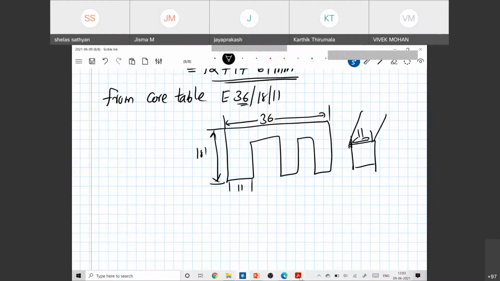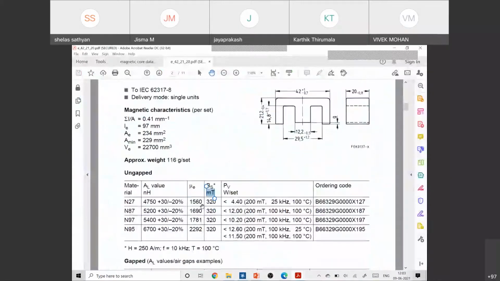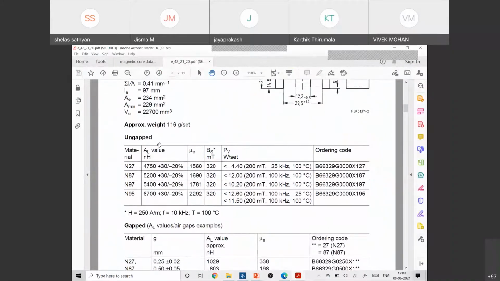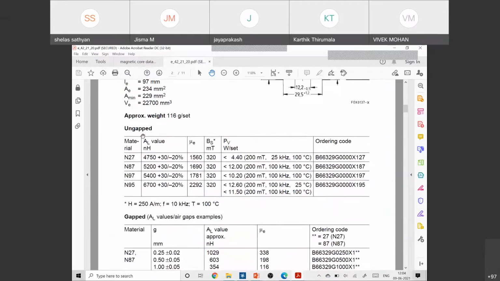The core nomenclature will be provided, and you could also see the material. You could see the part numbers for ungapped core and gapped core. If you are using an ungapped core, you have to provide an external air gap. The materials are of different grades, and for different grade materials the permeability will be different.